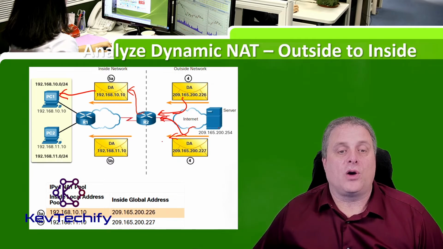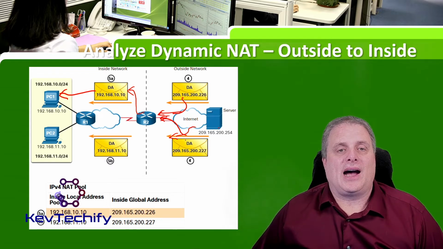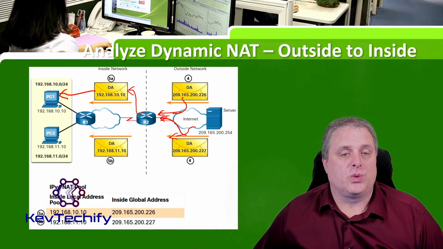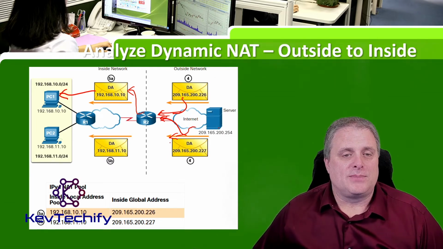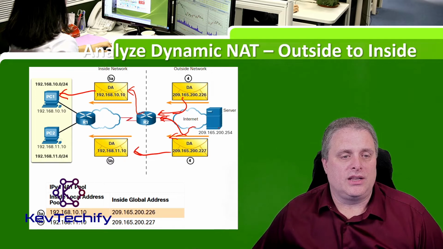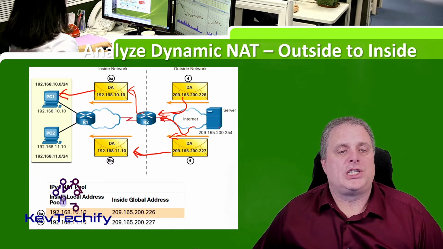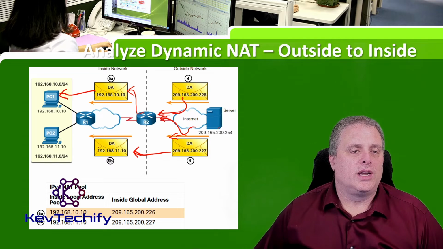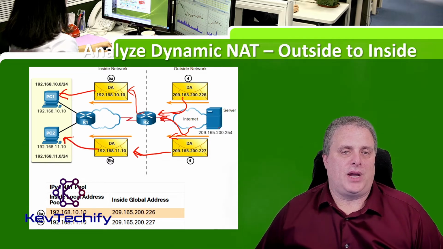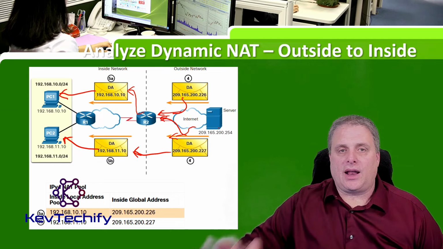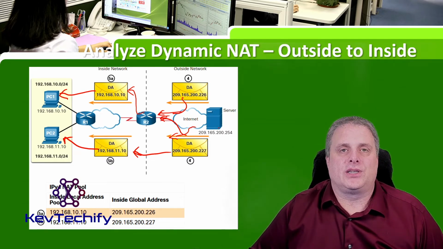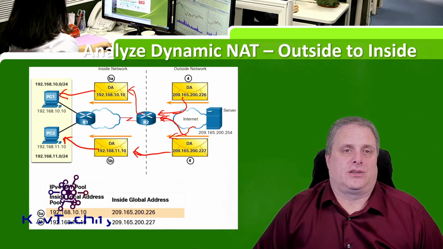The router gets it in and says, oh, I have a conversation where the outside local IP address is 209.165.200.227, and that's mapped to the internal address of 192.168.11.12. Let's go ahead and change that destination address so I can route it to PC2 and it can get its information. So R2 is doing the translation there, dynamically grabbing IP addresses as needed from the pool of addresses.